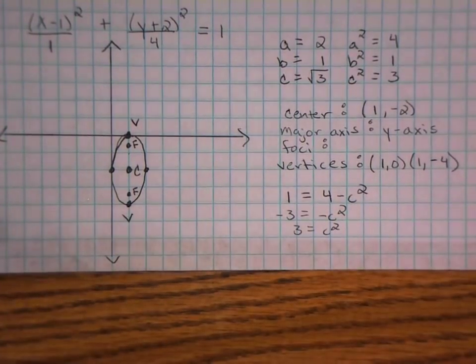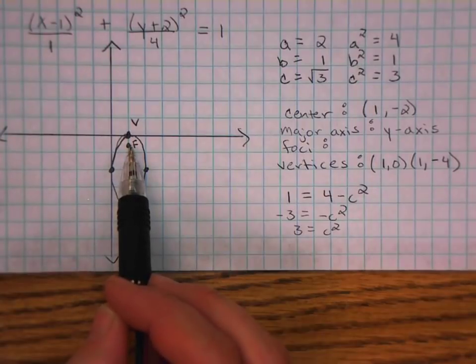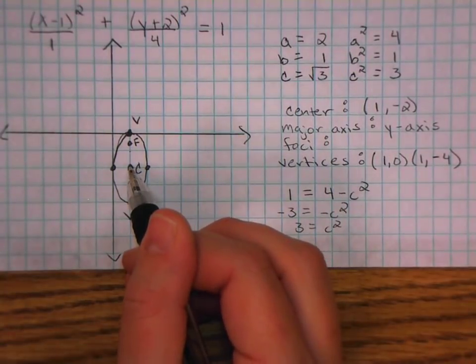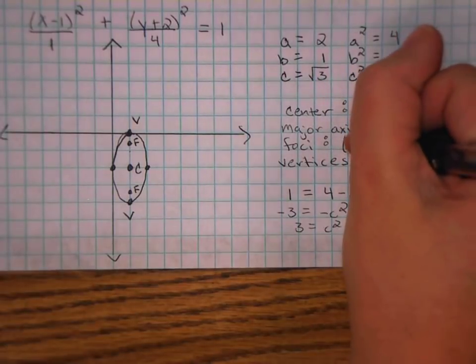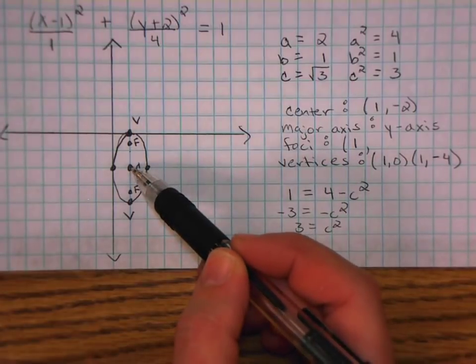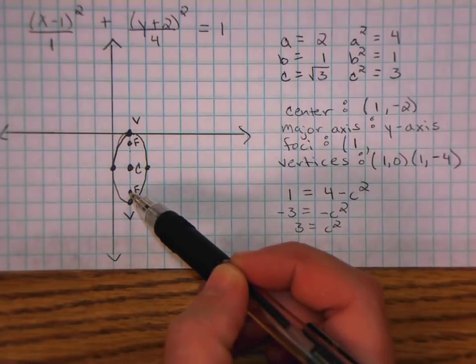For the foci, the easiest way to actually write this when you have a value that is not an integer, one of those nice easy numbers to work with, would be to start from your center and just realize that the x value for your foci is the same. So they both have an x value of 1, but their y values are either a value where you've added the square root of 3 to go up, or you've subtracted the square root of 3 to go down.